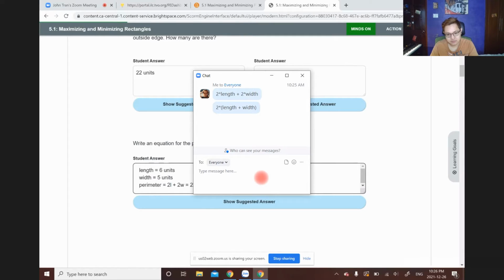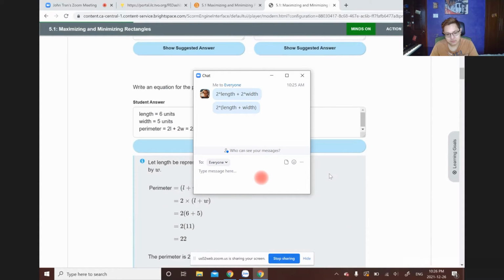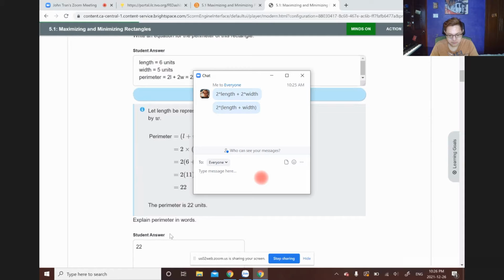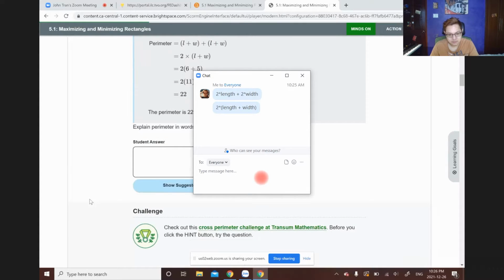Two units. Explain perimeter in words. Perimeter in words.